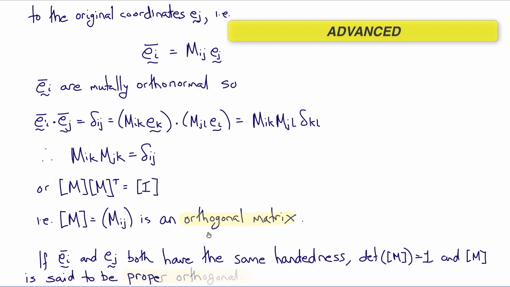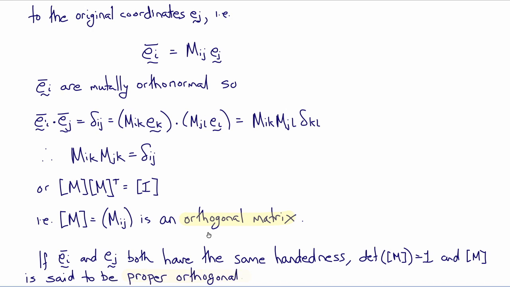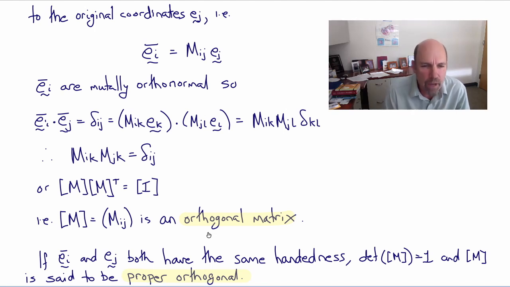So we've seen that a vector is the same physical quantity regardless of the coordinate system used to measure it, but it will have different components for different coordinate systems.